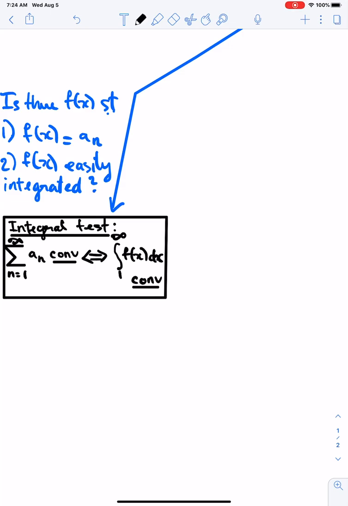The same goes for the divergence case as well.